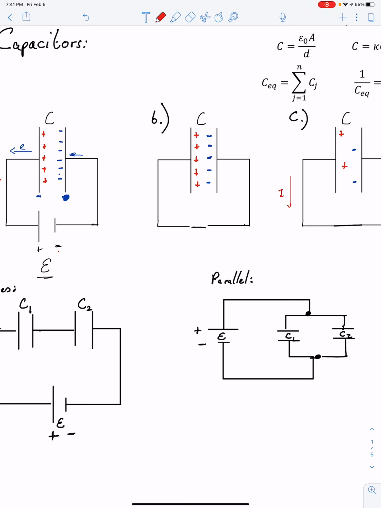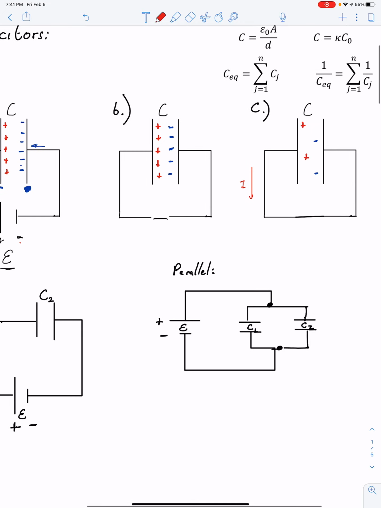Since there's a plate right here and there's distance right here, there's no actual charge traveling from this plate to this plate. They're going to take a different route. It's taking the route of the circuit all the way around back to this plate until the whole system is in equilibrium and the charge in the capacitor dissipates.